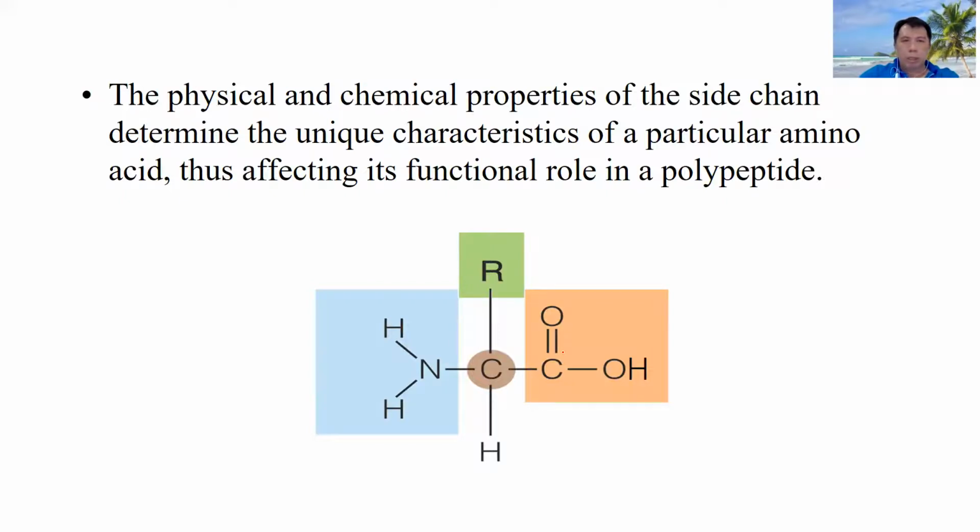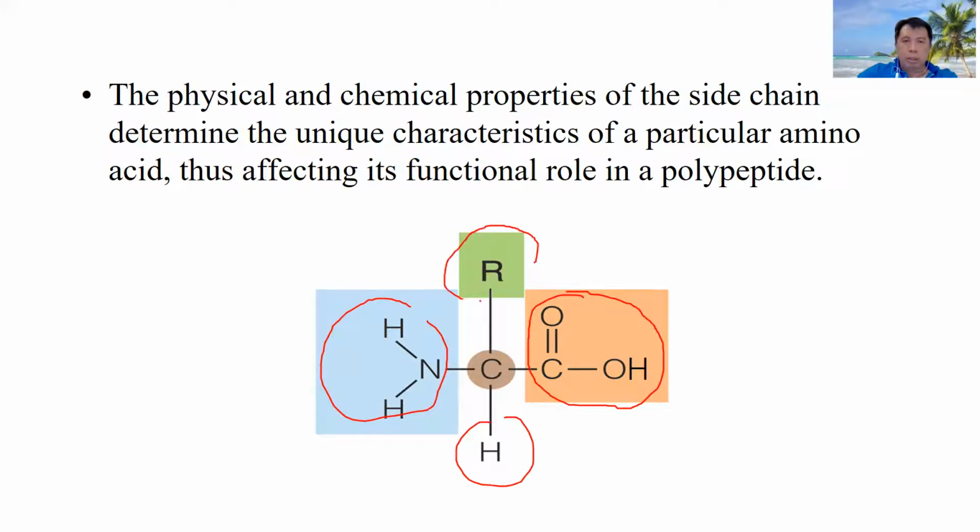Okay, we proceed to the physical and chemical properties of amino acids. As you know, all the amino acids have the same amino group, the same hydrogen atom, and a carboxyl group joined to the alpha carbon. The amino acids differ in the R group.